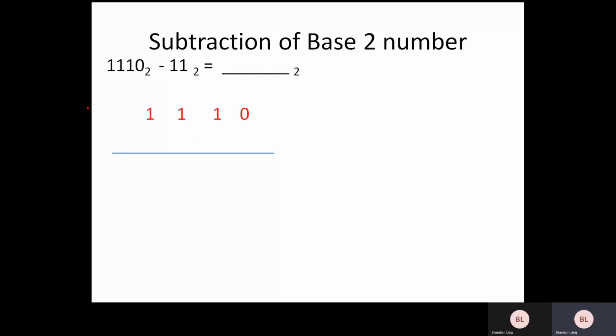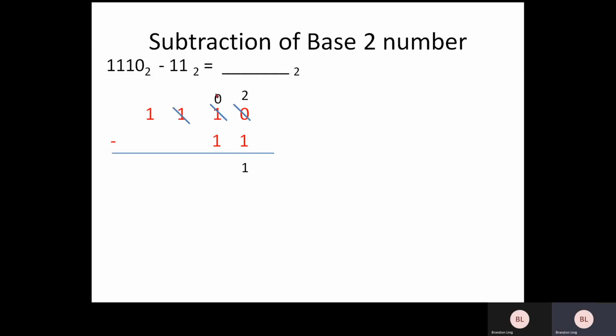Here we have 1110 minus 11. Because 0, you can't minus 1, we are borrowing the value from here. So this you have to change to 0, and this equals 2. Now you can minus 2 with the 1 to get a value of 1.